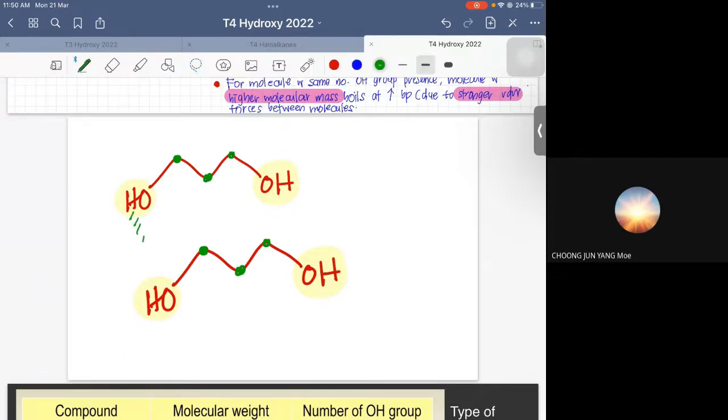H ni dengan O ni satu hydrogen bond. O di sini dengan H dekat molekul yang kedua satu hydrogen bond. Okay. Tapi kita consider juga dia punya molecular weight sebab bahagian molecular weight ni adalah van der Waal forces.